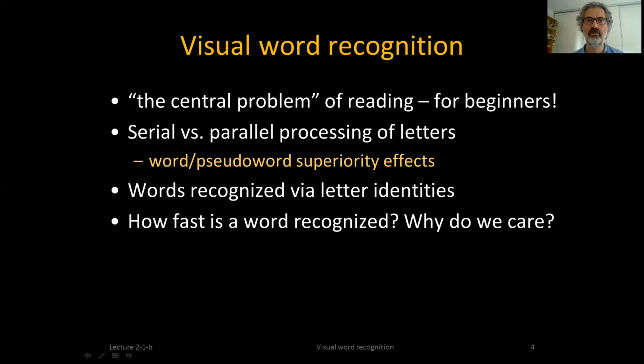And you might wonder, why do we care so much about this? The reason we care to study how fast words are recognized is that differences in how fast words are recognized can be telling about how words are recognized.